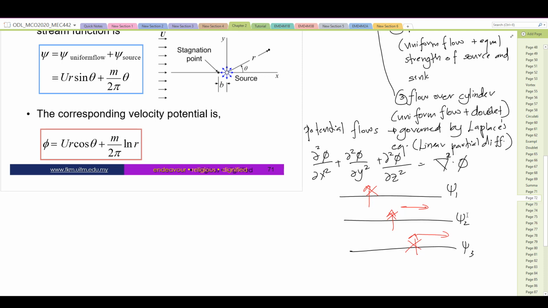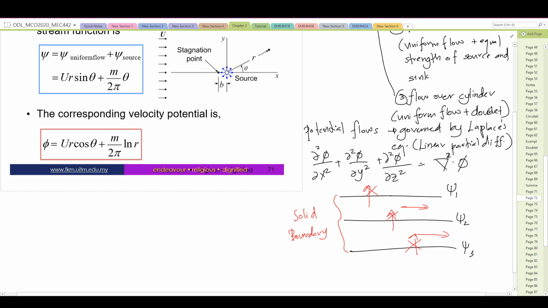As I mentioned, any streamline in an inviscid flow can be considered as a solid boundary. Solid boundary means that no flow passes through the solid boundary or streamline.